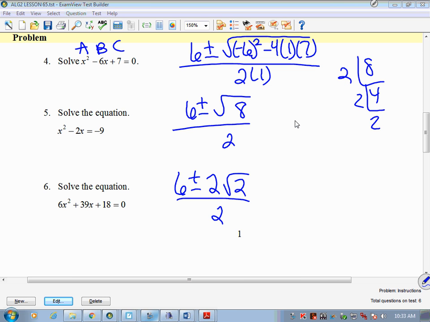What's 6 divided by 2? 3 plus or minus... Actually, no, just 3 plus or minus radical 2. Sorry, because these 2's will cancel out. So 3 plus or minus radical 2. How do we feel about that? Did we understand it? I know I did all the work there. Are we good? Okay, let's clear this up.